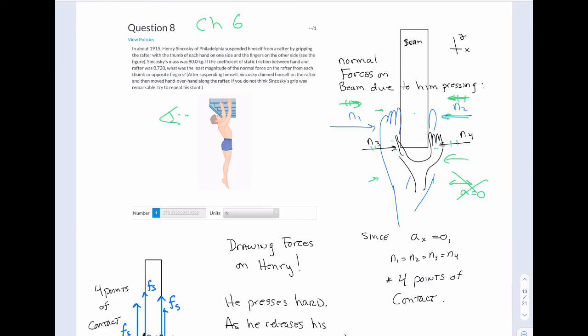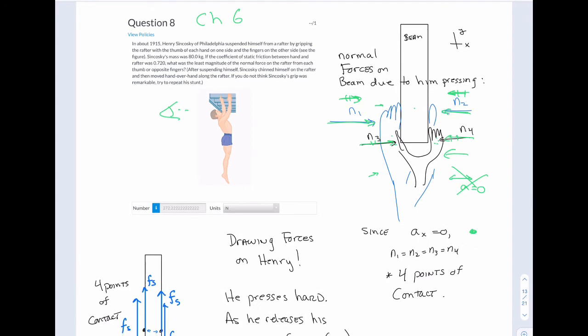Nothing's moving left and right, so instead of there being an N1, N2, N3, and N4, all those N's are the same. There's no acceleration in the x direction, so we're going to simplify this. I know there's 4 fingers on one side, but we're going to say there's 4 points of contact where you have a force. So there are 4 normal forces horizontally on the beam. Those are forces on the beam.